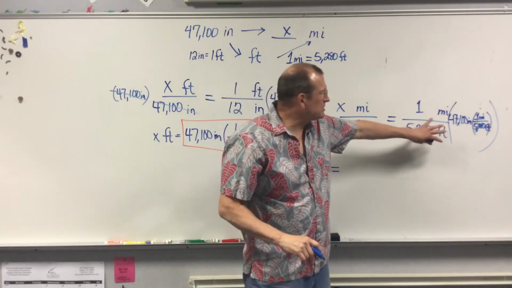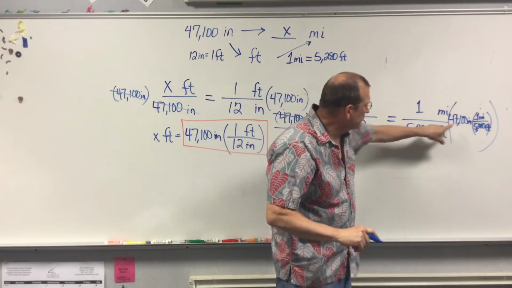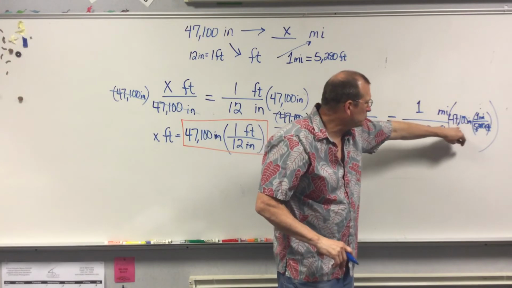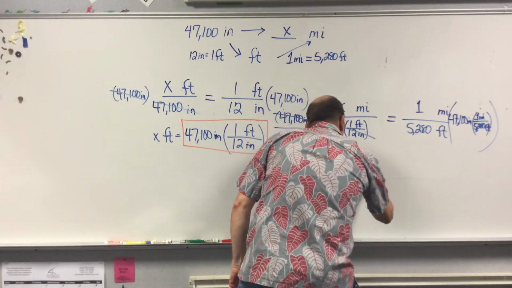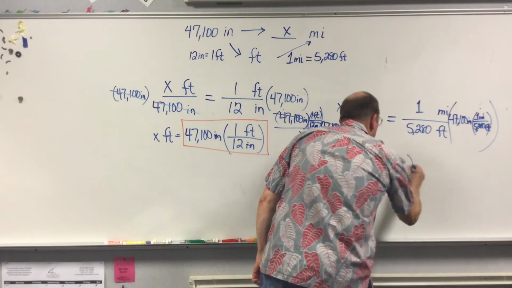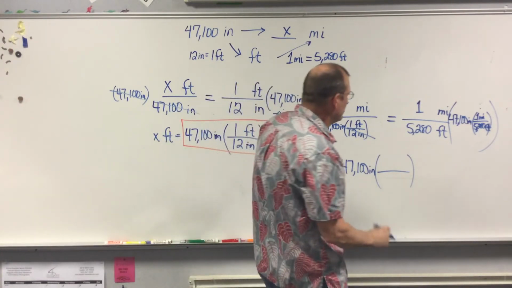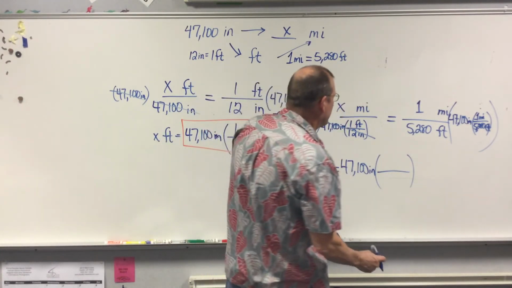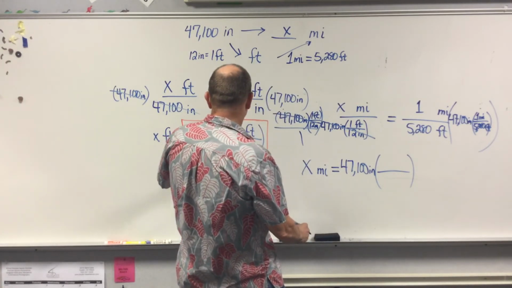Now over here, this looks like a mess, but all I'm doing is multiplying a bunch of stuff together, so I'm going to move the 47,100 inches out front. And then the next thing that I am going to put in there is going to be, let's see.